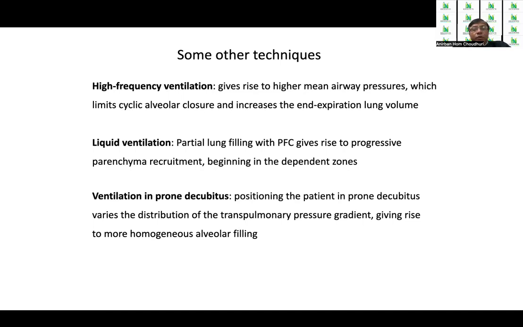And ventilation in prone decubitus has clearly been proven as one of the ideal methods in which recruitment can be hastened. By making the patient prone, the distribution of the transpulmonary pressure gradient is altered and gives rise to more homogeneous alveolar filling.